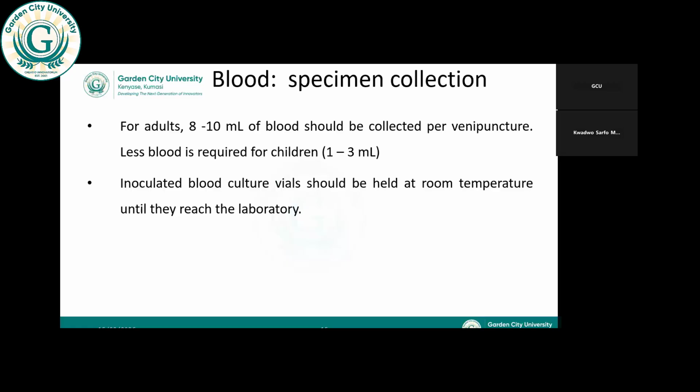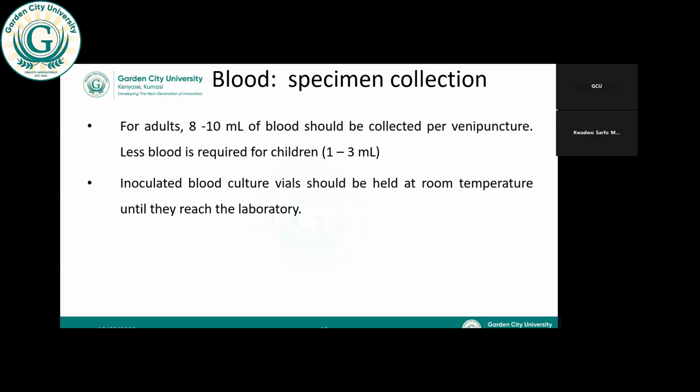So in some cases, you may be requested to take different volumes depending on the test required. Remember, we are sticking to microbiology. Hematology, chemistry, analysis, you may be asked to take different volumes.